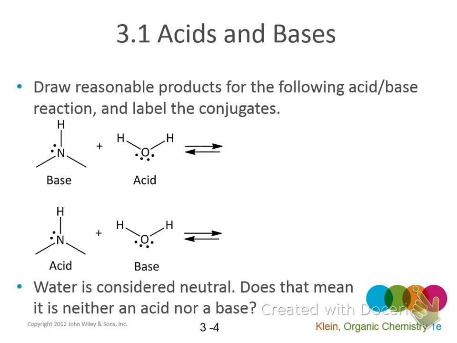Okay, so let's draw some reasonable products for these reactions. They tell us which one's the acid and which one's the base. Later, you're just going to have to figure out which one's the acid and which one's the base. It's not that bad. You'll know. Some of it's just intuitive. Since the water is the acid, what is it going to do?